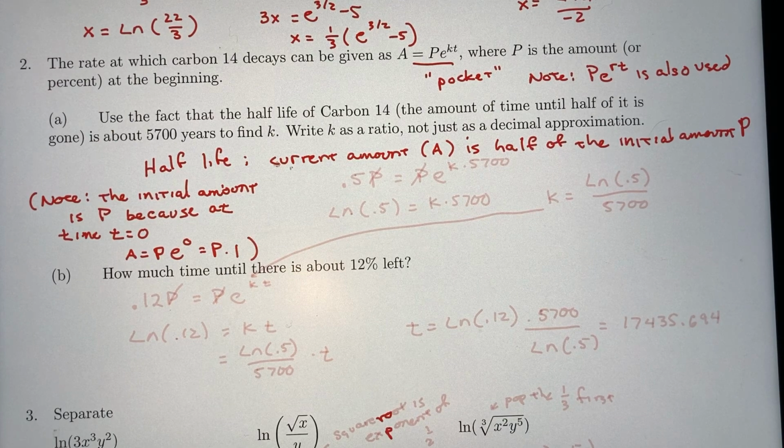If you plug in 0 for t, you just get P times 1. So the initial amount is just the amount P. So instead of A, we'll use half of the initial amount. Don't mess with P on the right side of the equal sign.